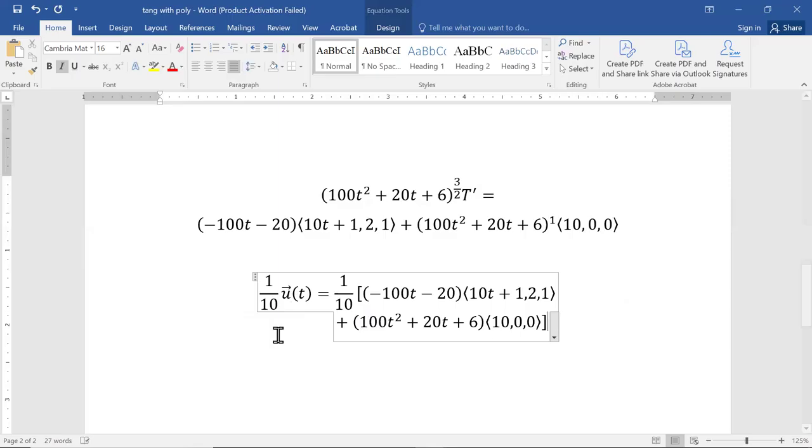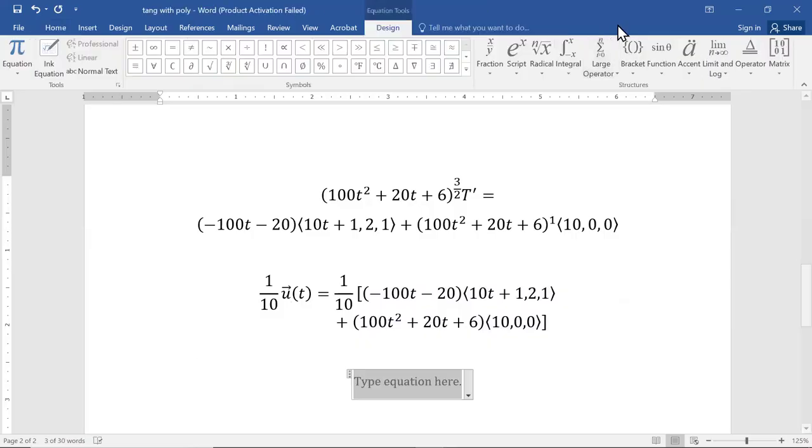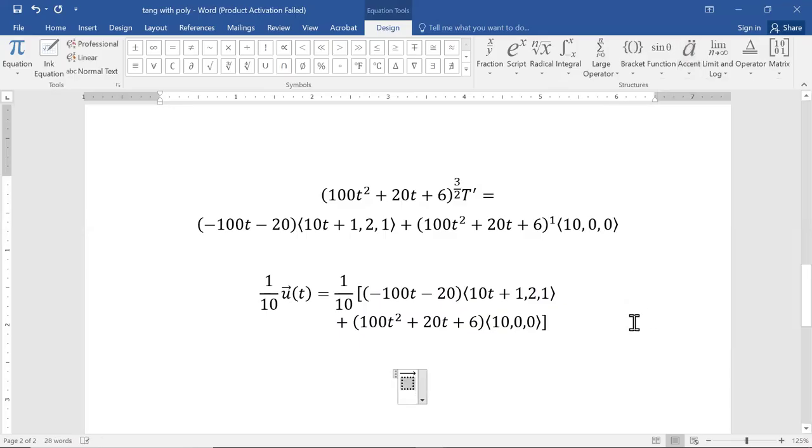Again, just to hopefully make life a little bit easier, if I take 1/10 times this first vector, I'm going to get a new vector u.